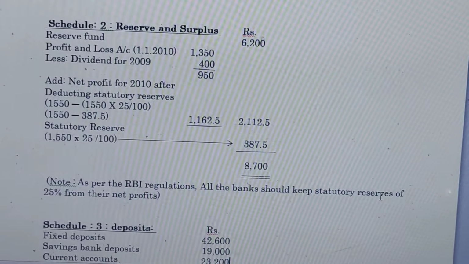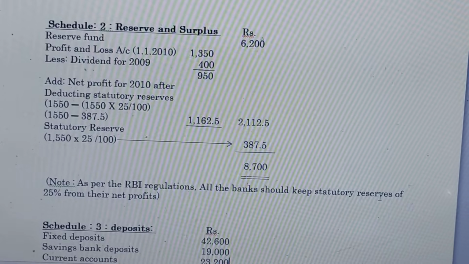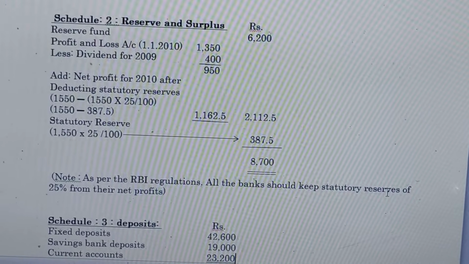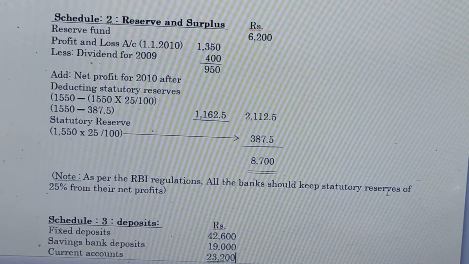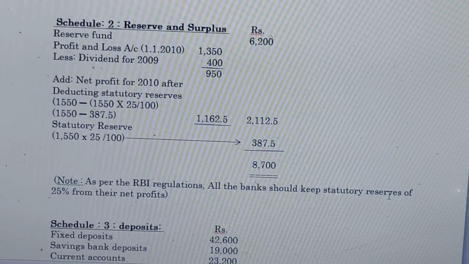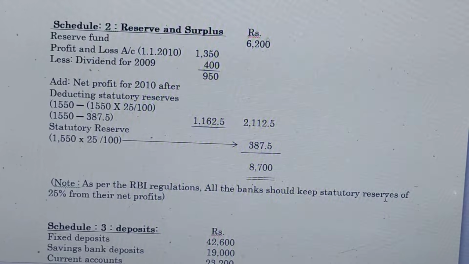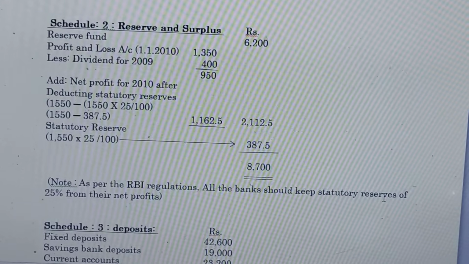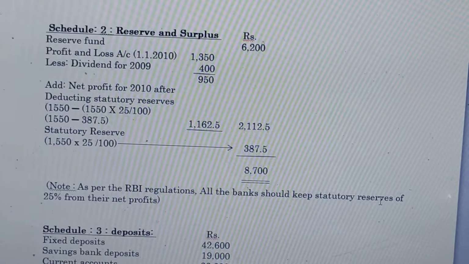And we have to mention the statutory reserve, which we have already calculated from the net profit of the bank. 1,550 is the net profit of the bank. Multiplied by 25 divided by 100, the statutory reserve amount is 387.5. We have to mention it in the outer column.